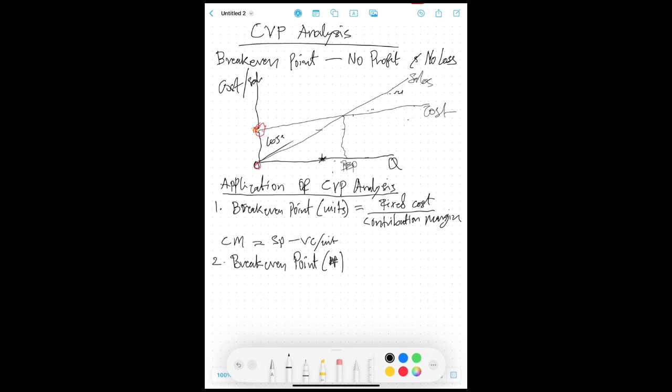The break-even point in value is calculated as fixed cost divided by contribution margin ratio.